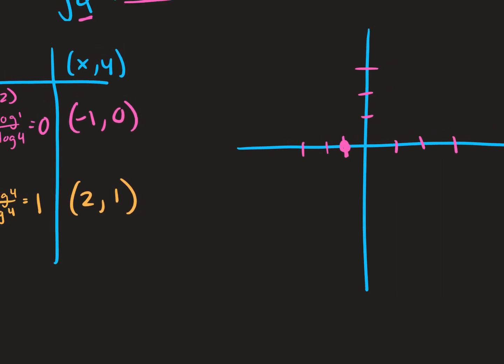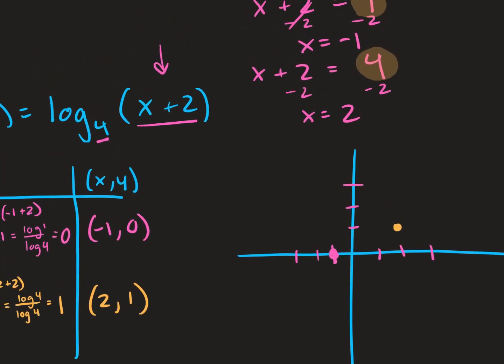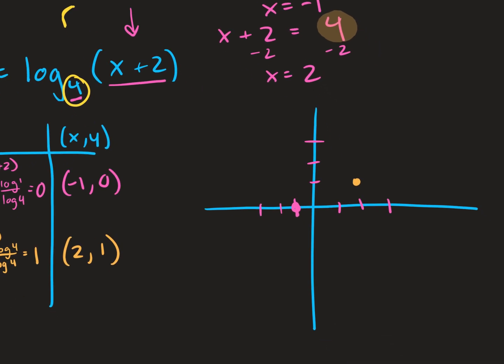So we go to the right 2 and up 1. Now, is this graph an L shape or an R shape? R shape, because it's bigger than 1. My base is bigger than 1, so it's an R shape. So we just connect our dots with an R shape like this.